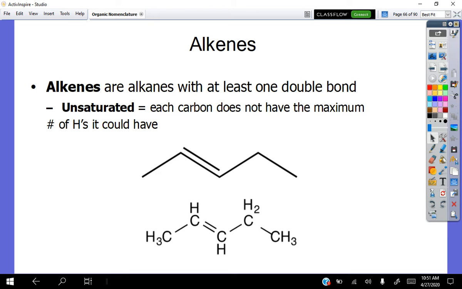Typically, a single carbon by itself can have up to 4 bonds, and the number of hydrogens it has is based off of how many other carbons it's bonded to. If it doesn't have the maximum number of hydrogens, then a double bond is necessary, or even a triple bond, to satisfy the octet for those carbons.